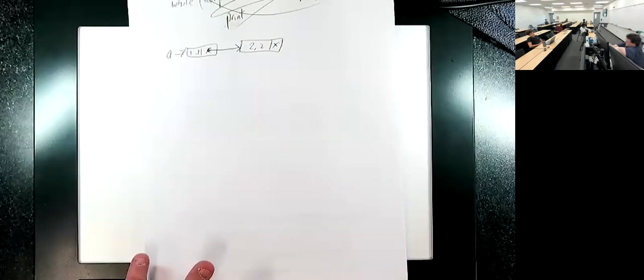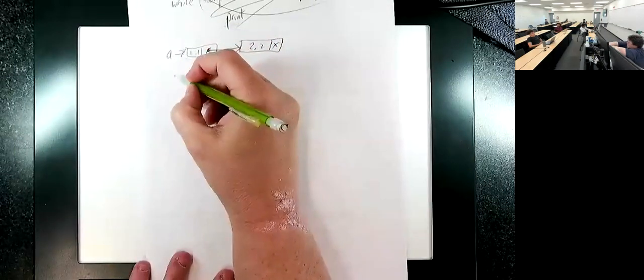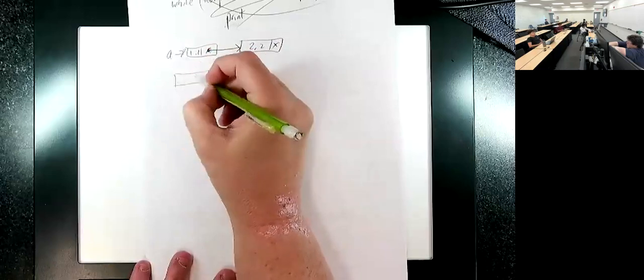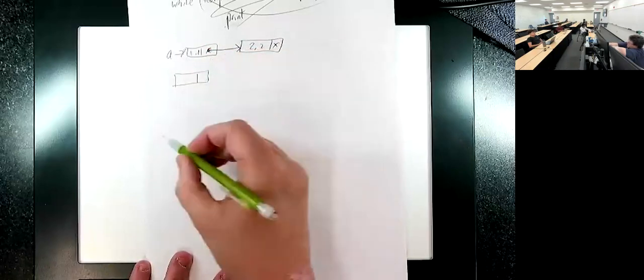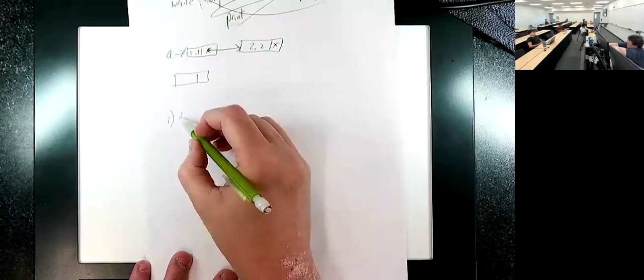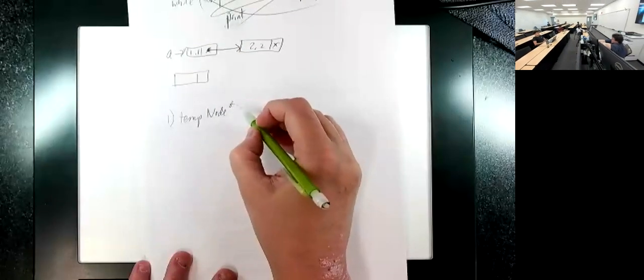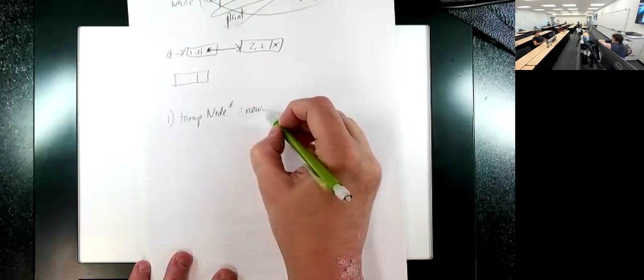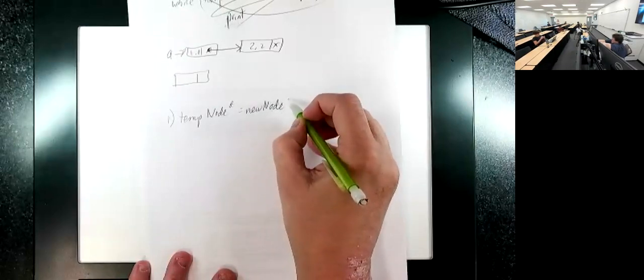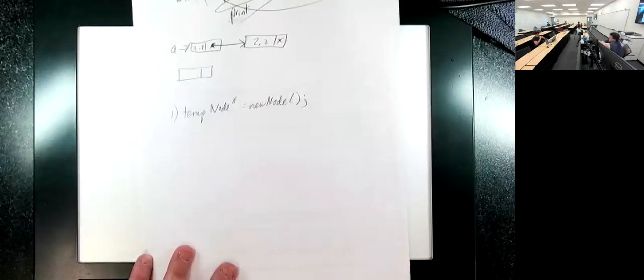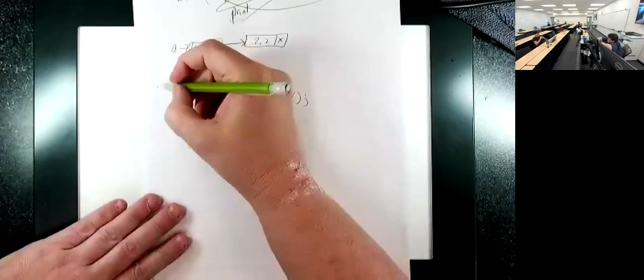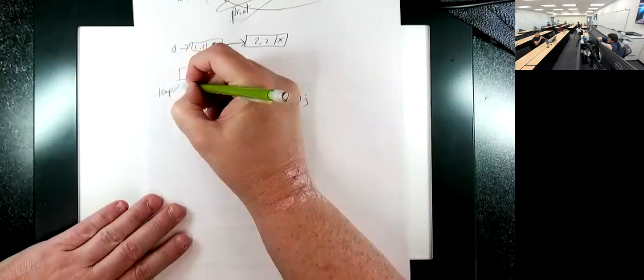And what we want, we want to create a new node. So step one, make a temp node equal the new node. It's got to go there. We got to have a node first. So this temp is pointing right here.